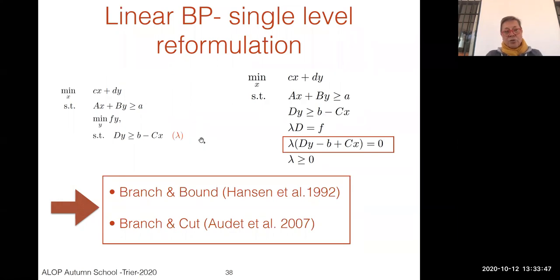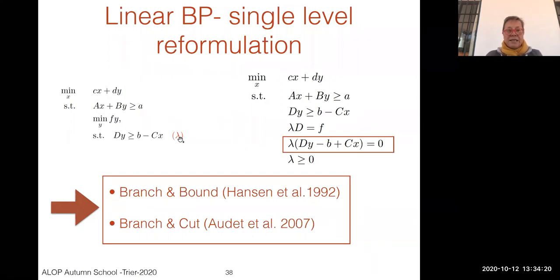Just one thing here I would like to stress. The second level has an objective that does not depend, of course, on the first level variable. The first level variables appear here in the constraints of the second level. So each time that you have different values for the X variable, you have a different feasible domain here. This is just some remark.